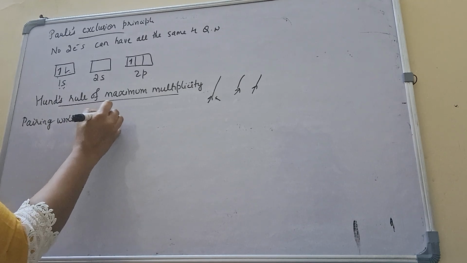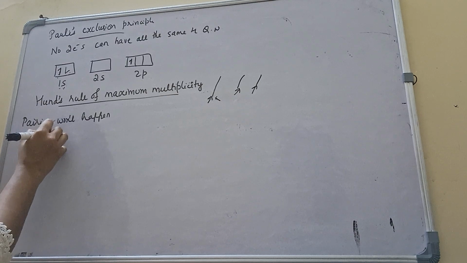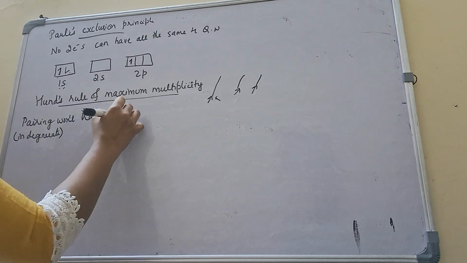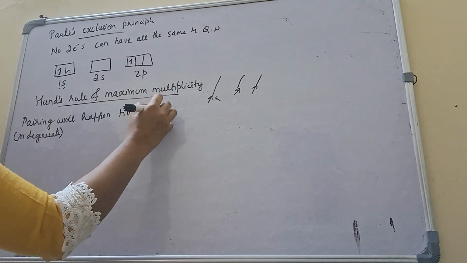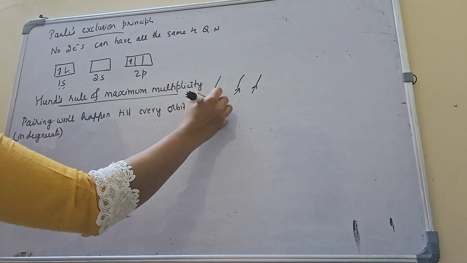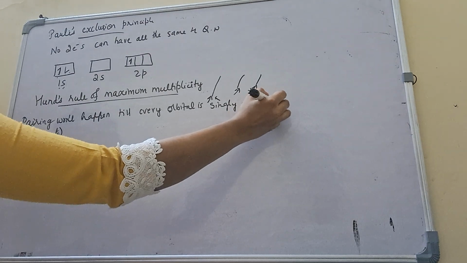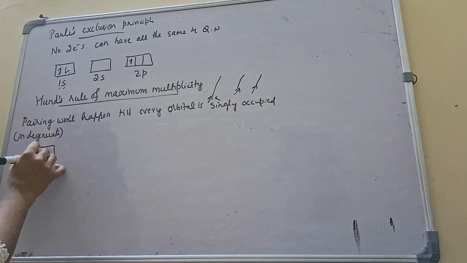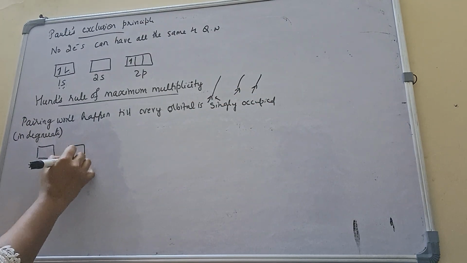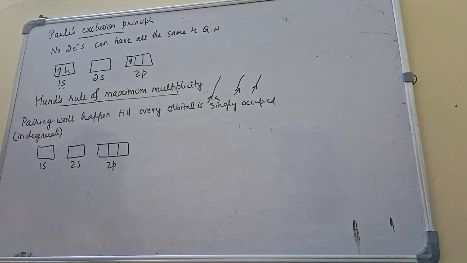Pairing won't happen. When I say pairing, we are talking about pairing in degenerate orbitals, till every orbital is singly occupied. What is the meaning of this? I will tell you. Now consider this is your 1s, this is your 2s, this is the 2p orbital.